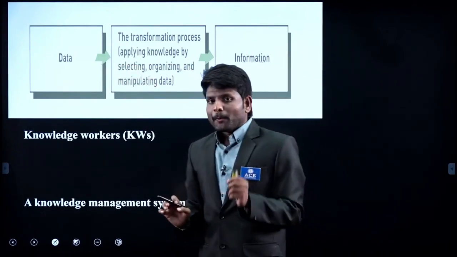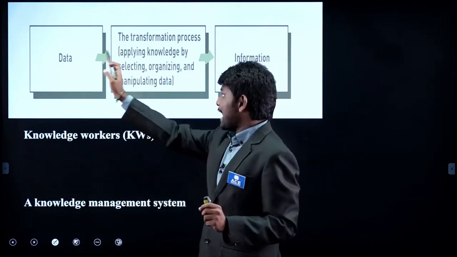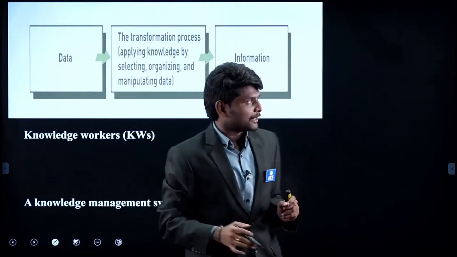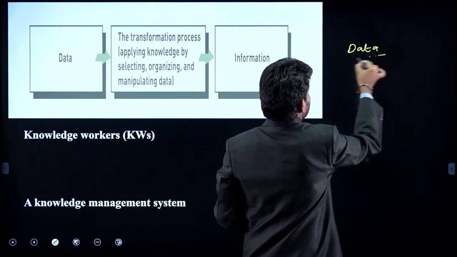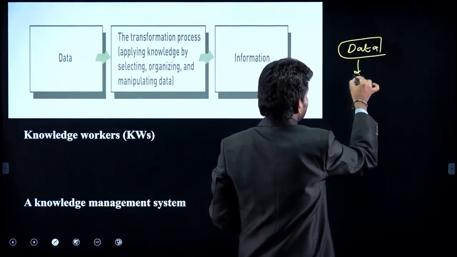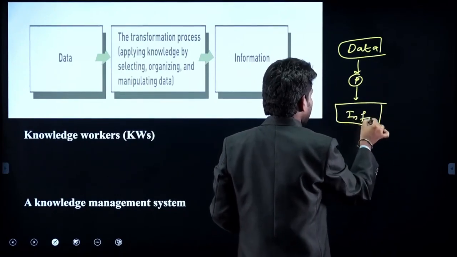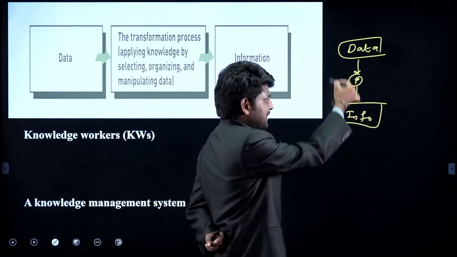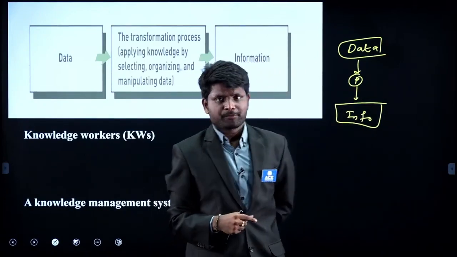Fine. Now, we are going to learn how we make this data into information. Till now, we understood that we have some raw data, we process it and we create some information. This is the thing we learned. Now we are going to learn who makes this data into information, and how.